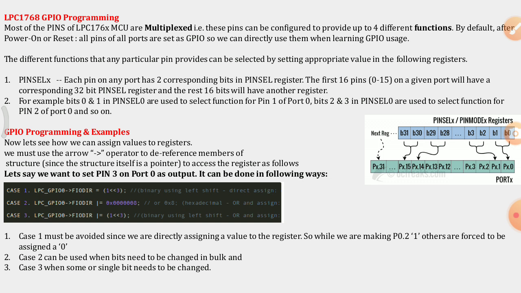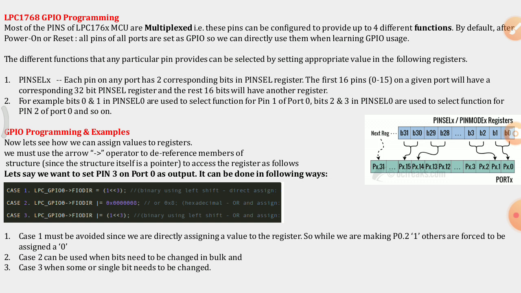I'll repeat: a single pin is multiplexed with 4 different functions, and out of those, the basic default function is GPIO, general purpose input output. The different functions that a particular pin provides can be selected by setting the appropriate value in the following registers.